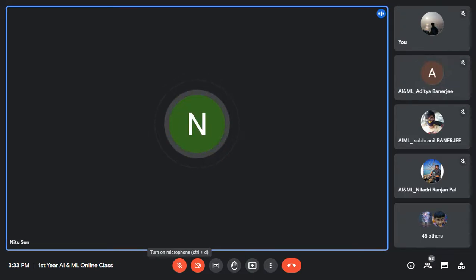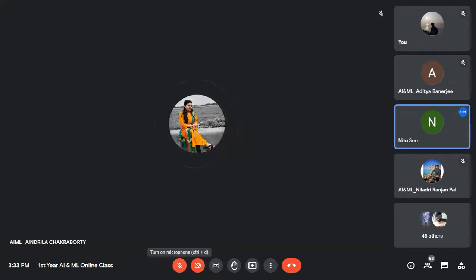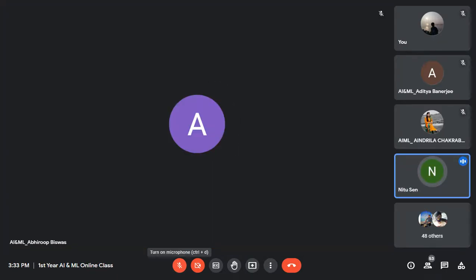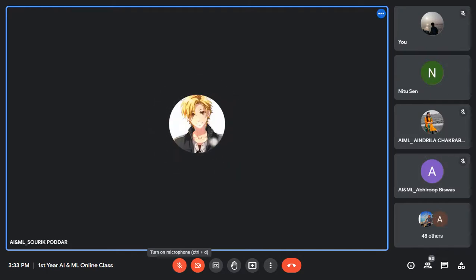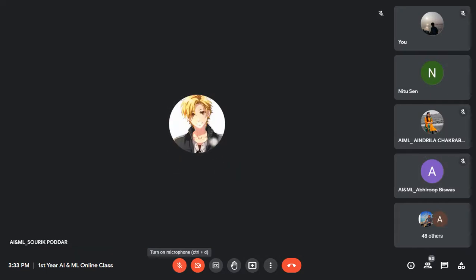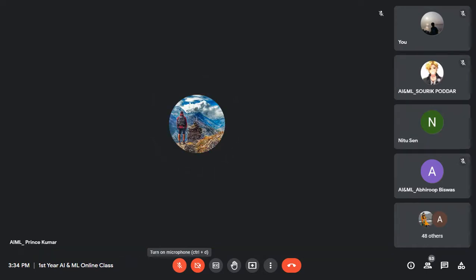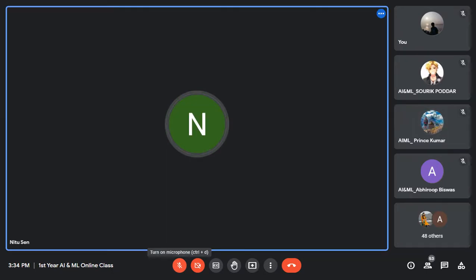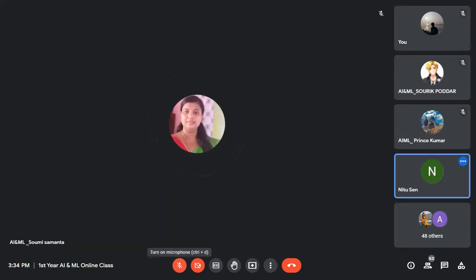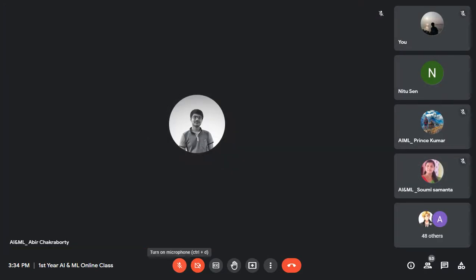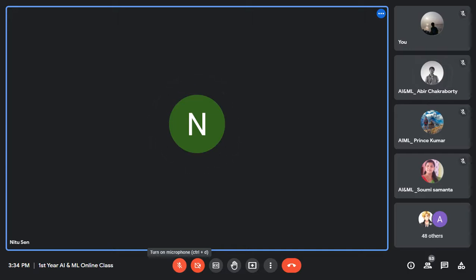Oindrila Chakraborty, Abhirup Bishas, Shaurik Poddar, Prince Kumar, present.